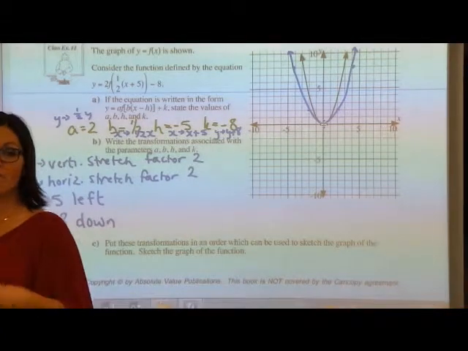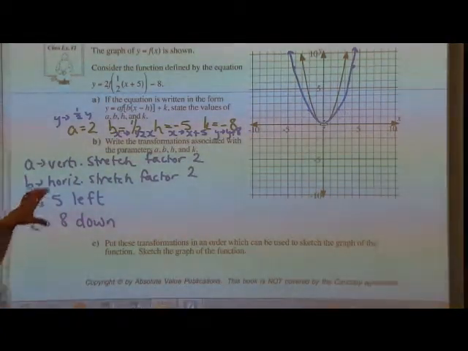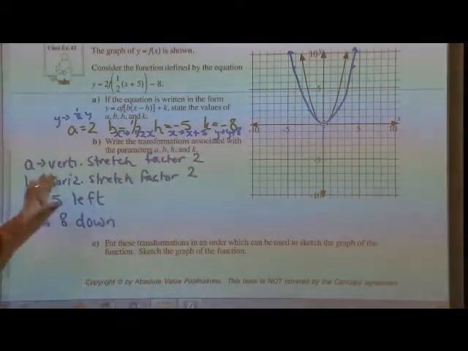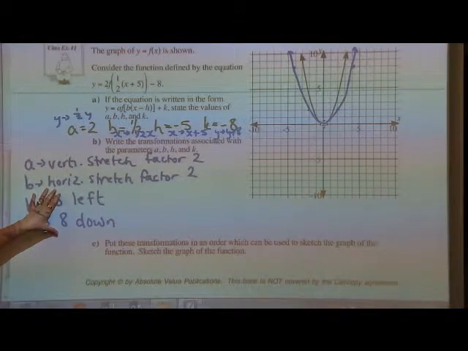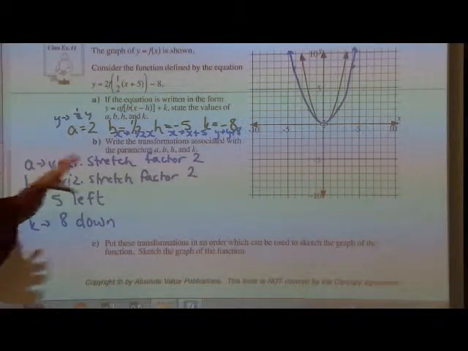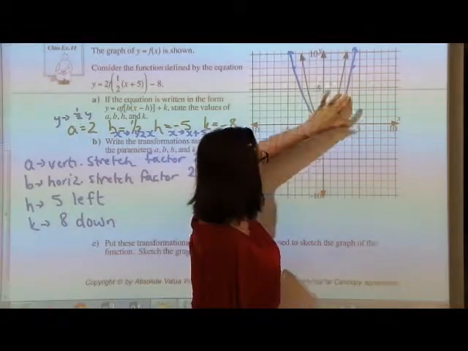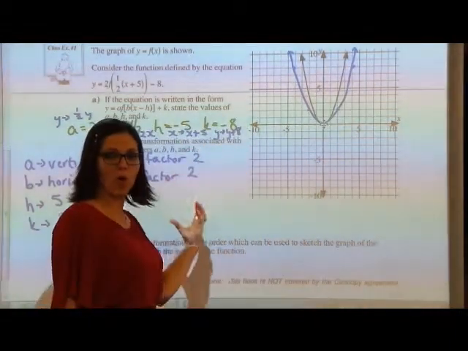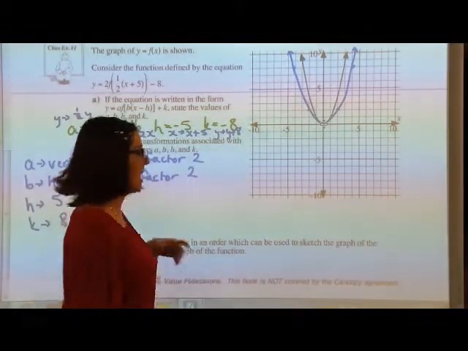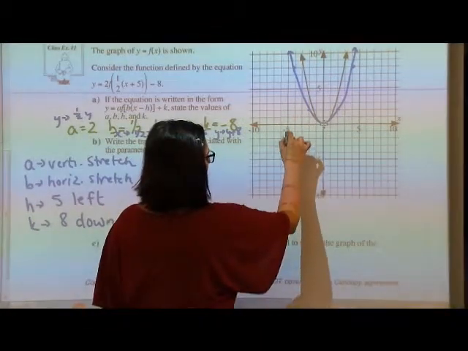The graph of my final function means that after the stretch, I have to translate it 5 to the left and 8 down. So I take these 5 points that I've drawn and shift them all to the left 5 units and down 8 units.